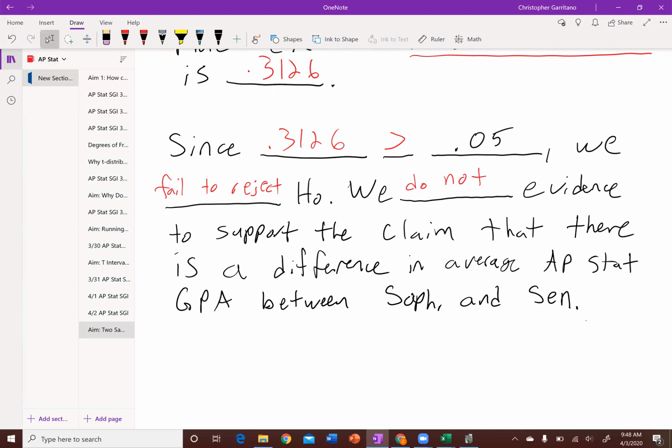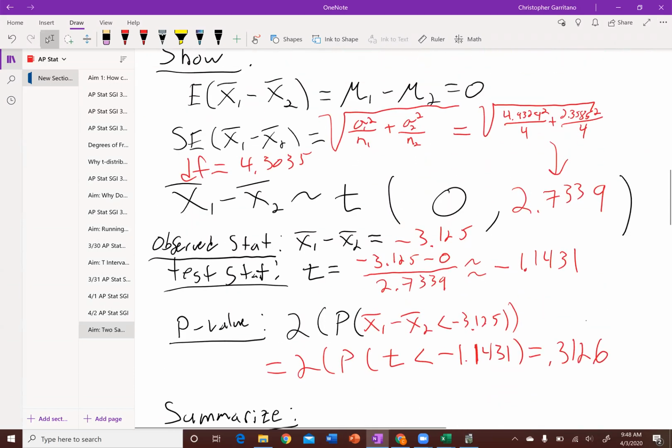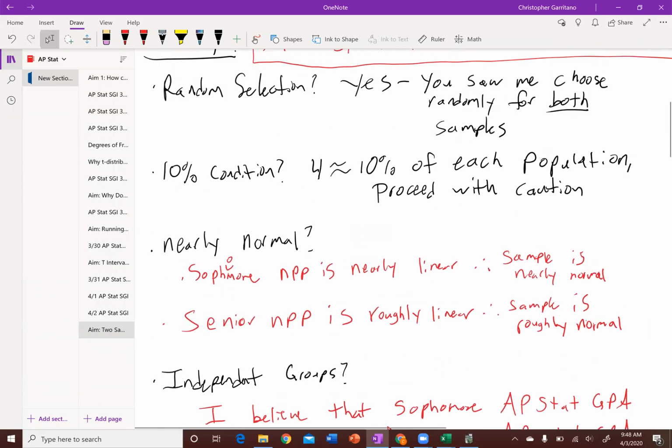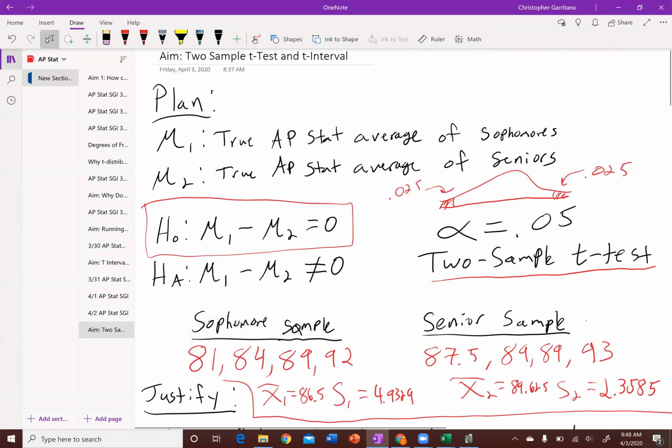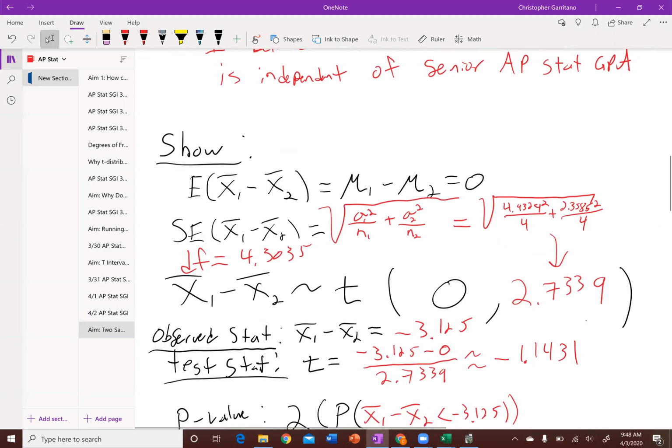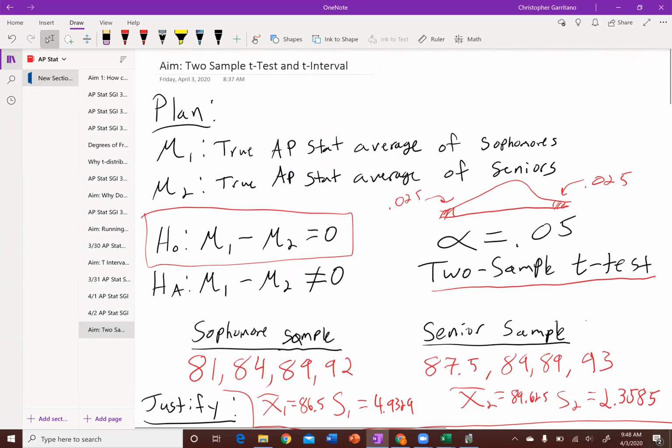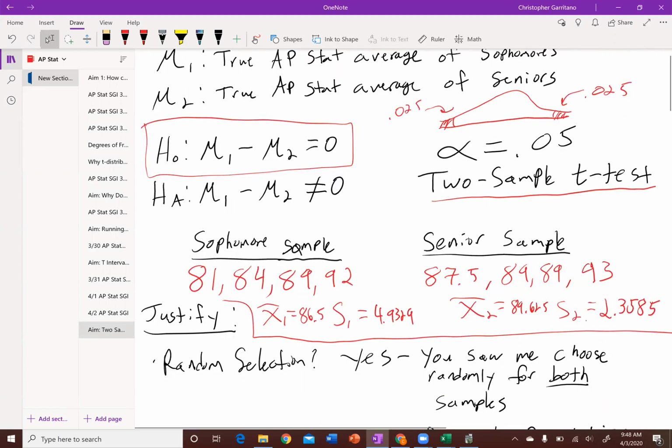Interesting. So we failed to reject the null hypothesis, meaning it's totally feasible that there is not a significant difference between these two populations. That being said, even though we have not knocked out the possibility that mu1 minus mu2 is equal to 0, I'm still going to build a confidence interval to approximate the difference.